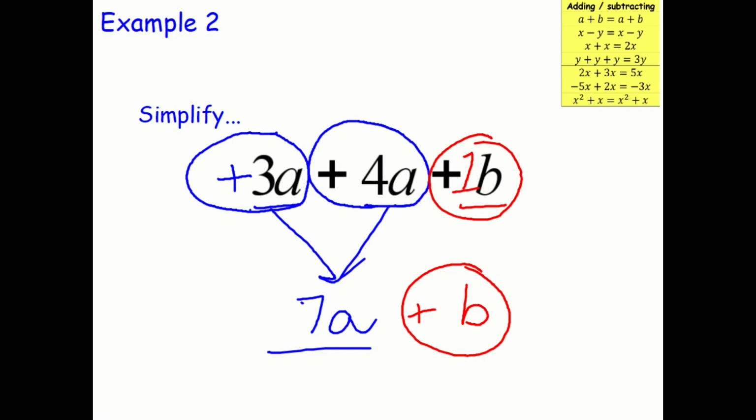So it's really important that you understand that that plus sign is not just in the middle there for no reason, it's attached to that b. A bit like the plus sign here, which I don't need to put, but I can for example purposes, is attached to that 7a. So the final answer is 7a plus b.